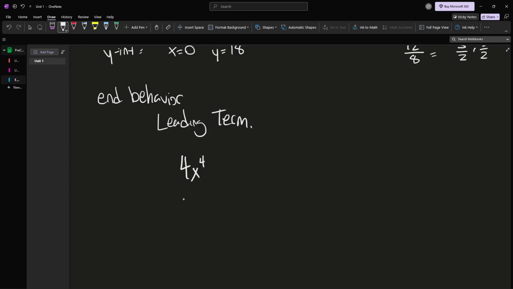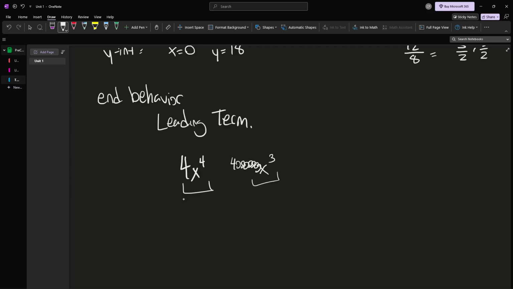Anything to the fourth power, like x to the fourth power, and then x cubed, it doesn't matter if this is 4 and this is 4 million. End behavior means that x is going to infinity. So this x will be way bigger than the 4 and 4 million.